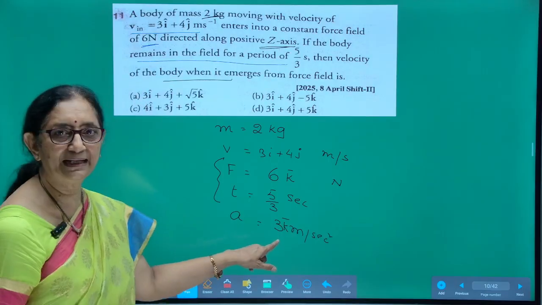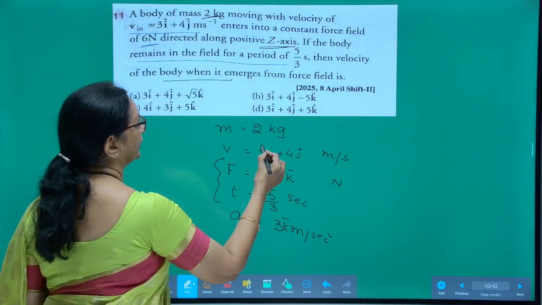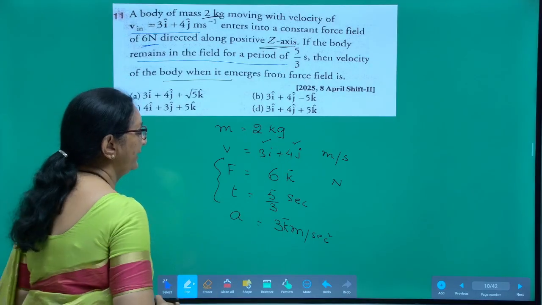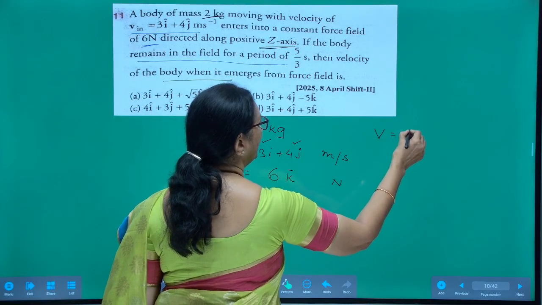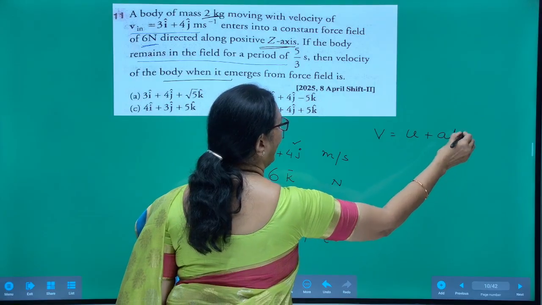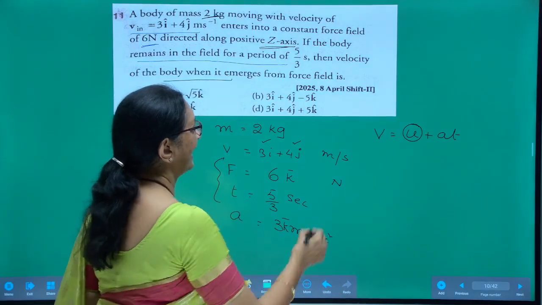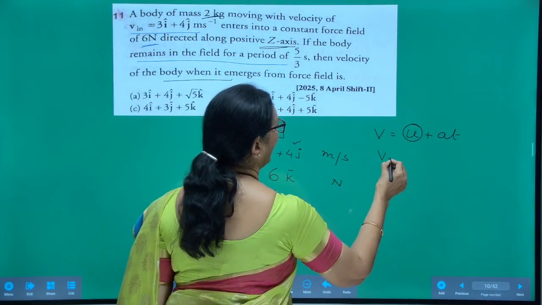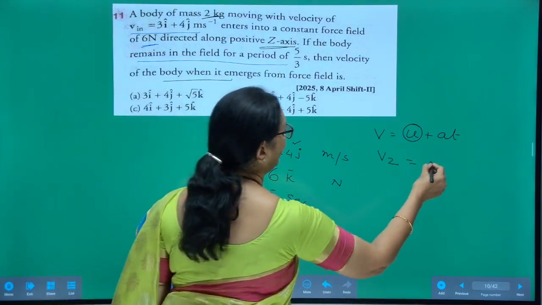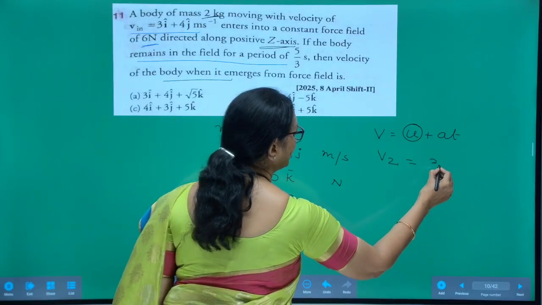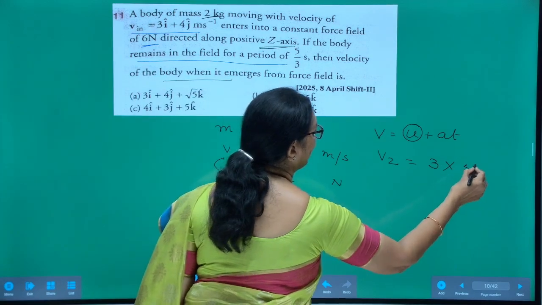As acceleration is along z axis, there will not be any change in the x and y components of velocity. So, final velocity is u plus at. As initial velocity along z axis is 0, velocity along z axis at t is equal to 5/3 is acceleration along z axis, which is 3, times time, 5/3 seconds.